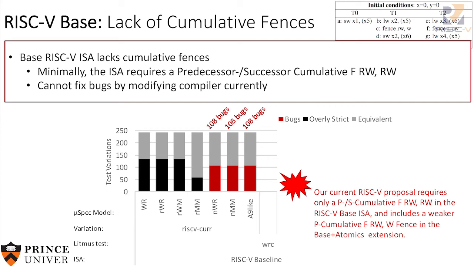And so in our variant, we add these non-multiple copy atomic stores that help us remove these bugs. Oh, and then I was just noting, here we use that weaker predecessor only cumulative fence in these results, but our proposal would be to have only the stricter variant included in the baseline design to keep it simpler that way.